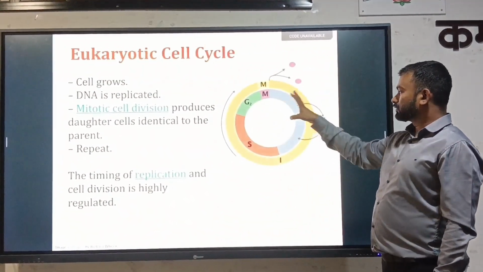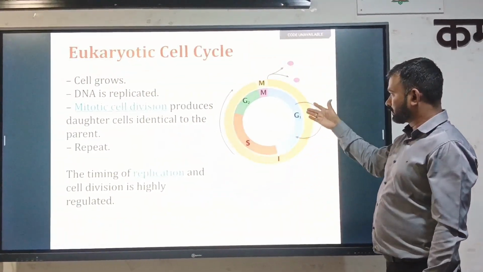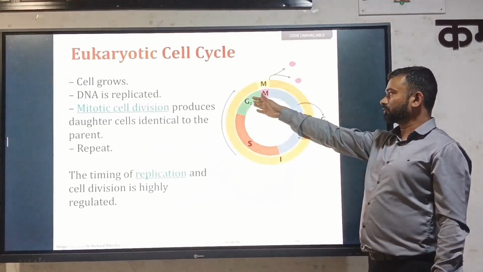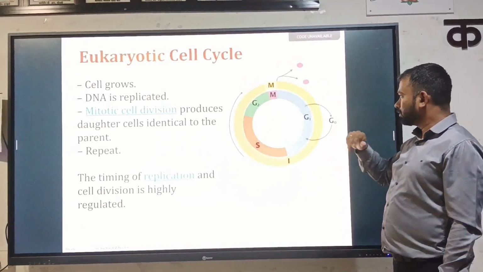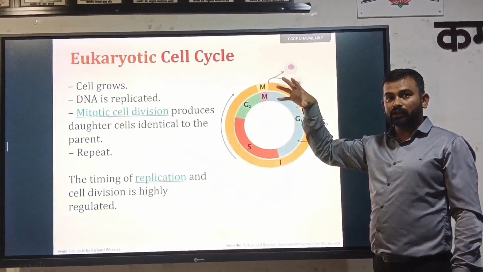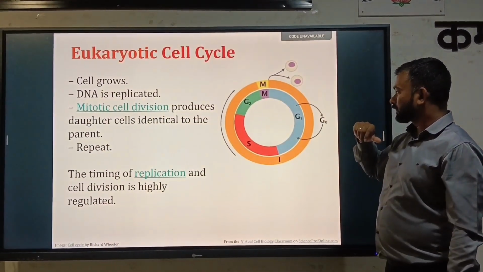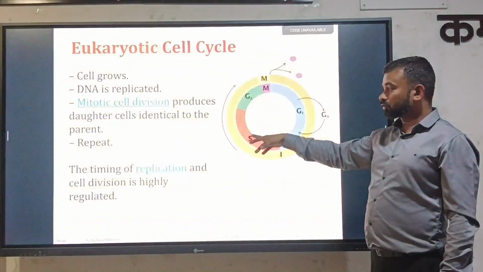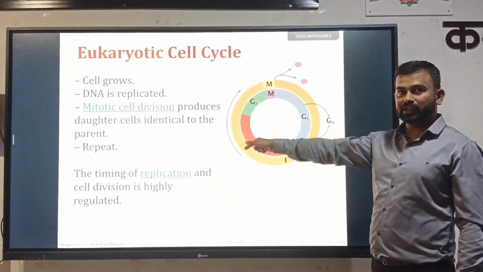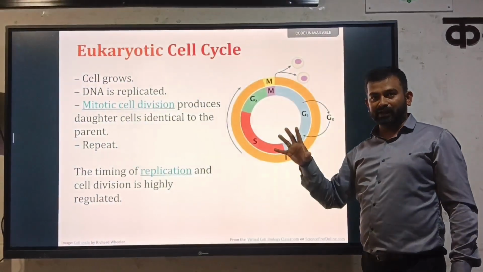There are three different phases of the cell cycle: the G1 phase, then the S phase, and the G2 phase. G1 and S phase together are included in the interphase of the cell cycle. In the G1 phase, the requirements for the genetic material that is going to be replicated in the S phase are fulfilled. What are the requirements of DNA replication?